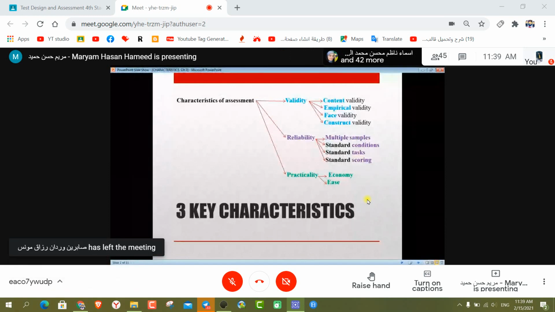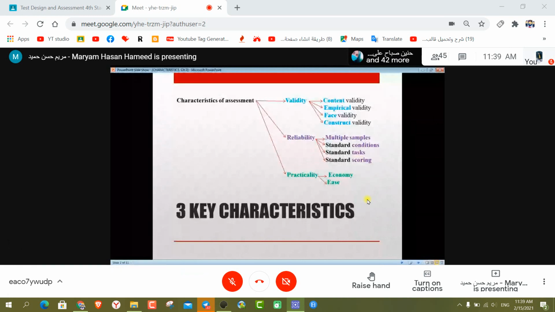As a teacher, you have to ask yourself many questions. The first one: can I apply the test within appropriate administration constituents? The second question: does the test measure what you are trying to measure, whether skills, a specific material, or precisely chapters, or language components?